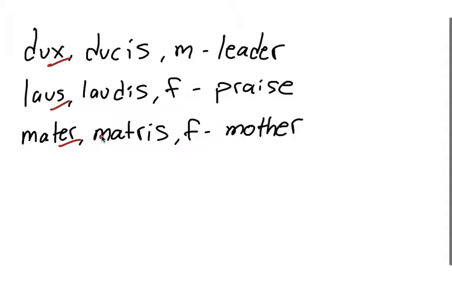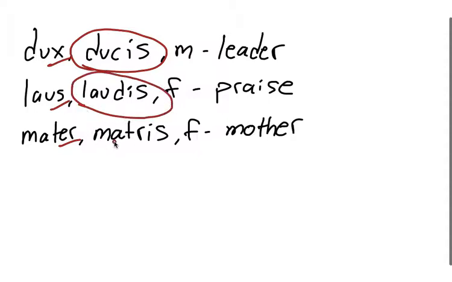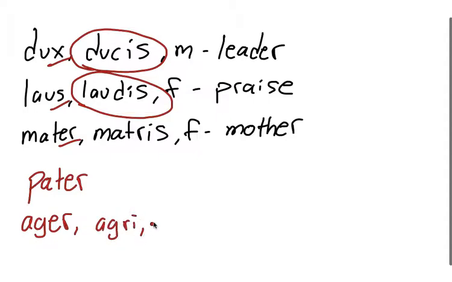And one thing about third declension is that it becomes very, very important that you memorize the genitive singular, okay? Because the genitive singular is going to ultimately tell us whether or not the noun is in fact third declension or another declension. So let's just take this noun for example. Pater. You've never seen this noun before, but what if I put it next to the noun ager, which we have seen before? Ager we know is second declension. It's ager, agri, masculine, field.